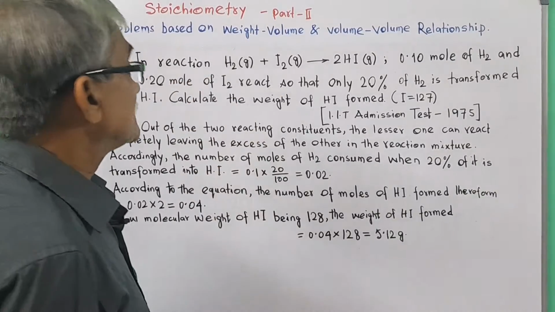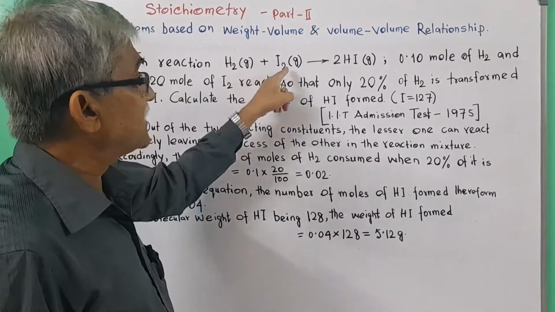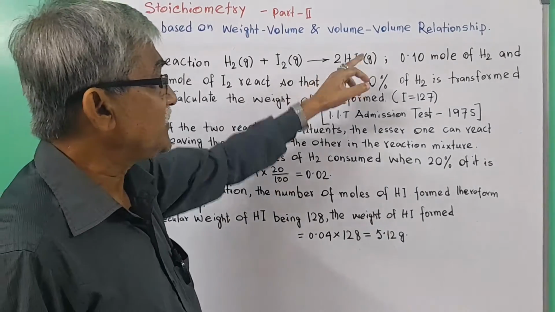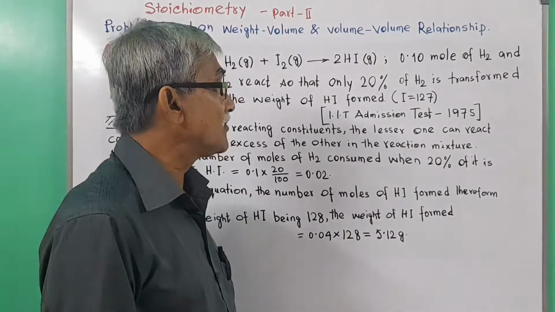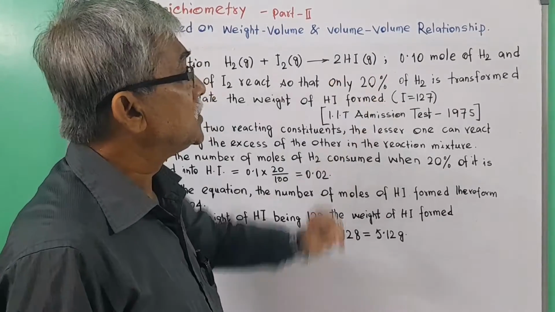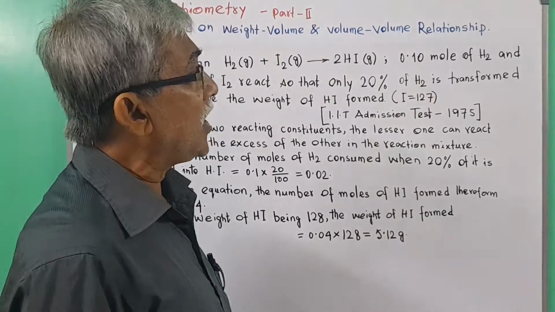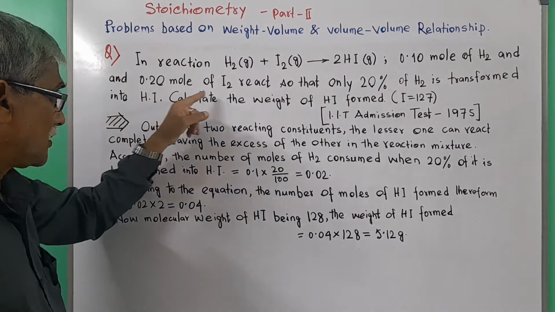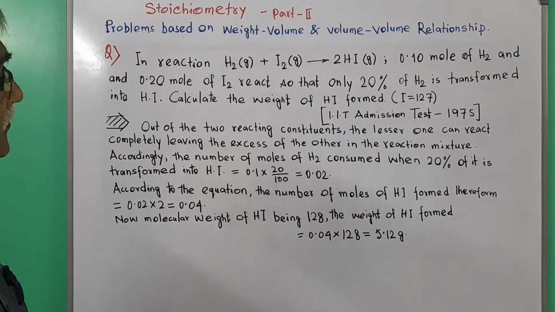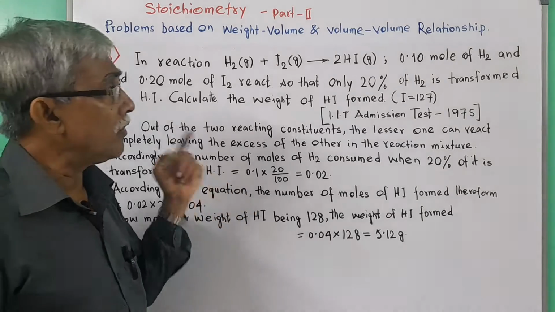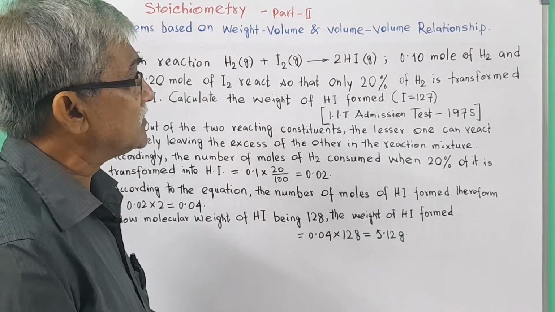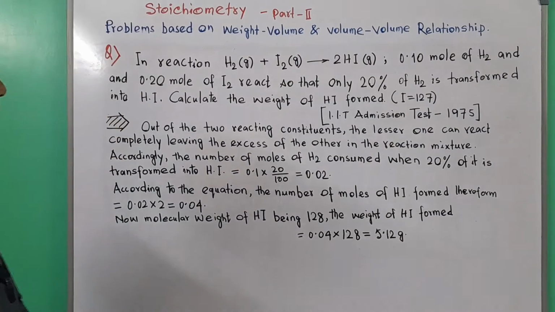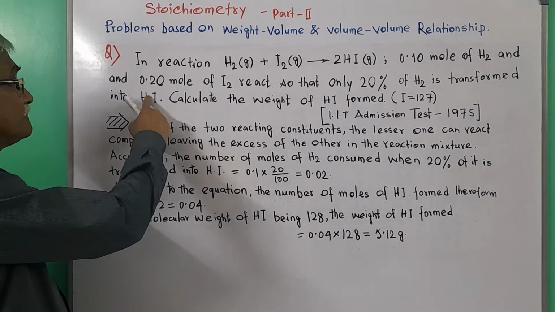Now, the next question. In the reaction, hydrogen gaseous state plus iodine gaseous state turns into 2HI, hydrogen iodide gaseous state. 0.10 mole of hydrogen and 0.20 mole of iodine react so that only 20% of hydrogen is transformed into hydrogen iodide.